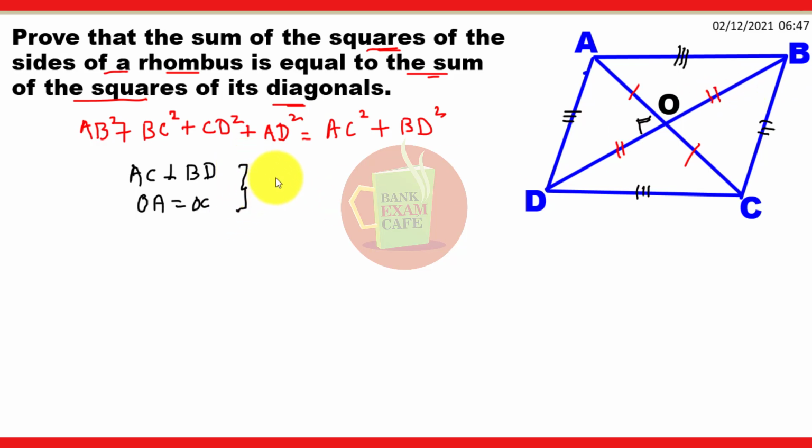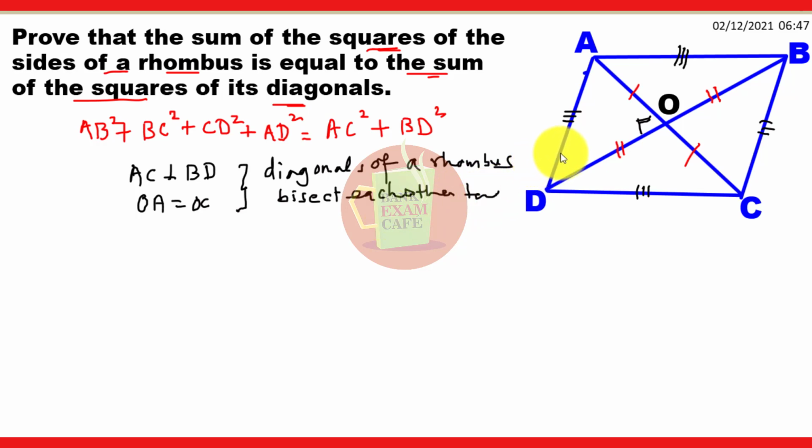The reason for these two statements is that the diagonals of a rhombus bisect each other perpendicularly. Therefore we can take triangle AOB.